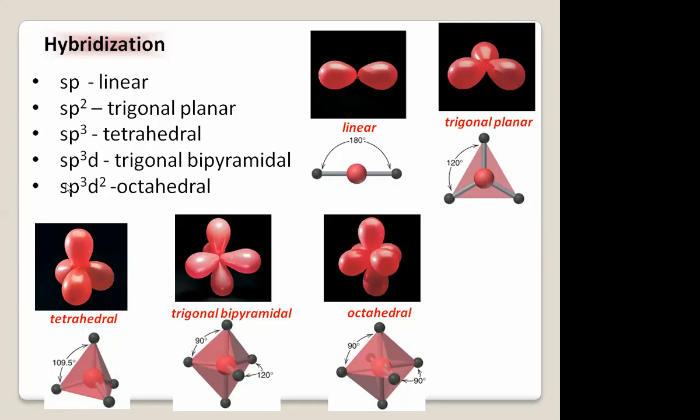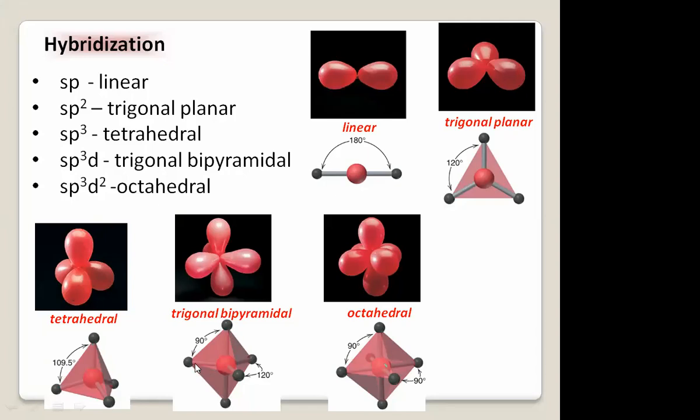Now, the ones you have not been familiar with are sp3d and sp3d2. In sp3d, you have a trigonal bipyramidal structure. In trigonal bipyramidal, you have a trigonal base and you have a pyramidal axis.